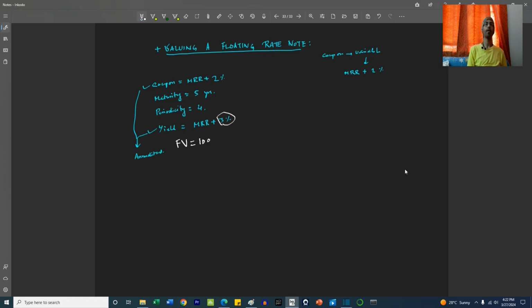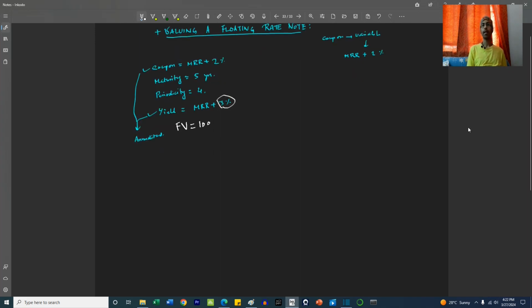Now from this we will like to explore what is the expression for a floating rate note. So here let's first find out what are the periodic payments. So the periods will be, first of all, because the periodicity is 4, 0, 0.25, 0.5, 0.75, 1, and so on.